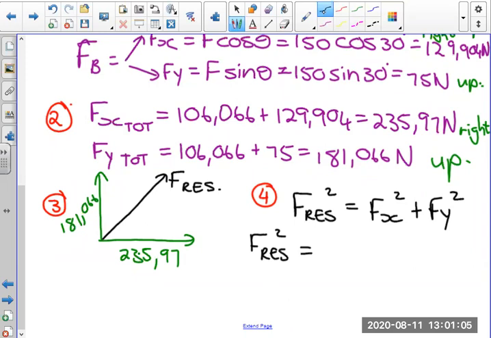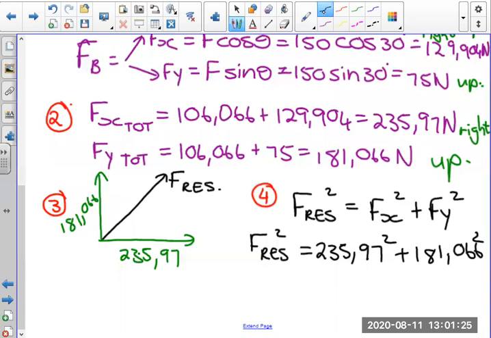So the x is then 235,97 squared plus the 181,066 to the power of 2.